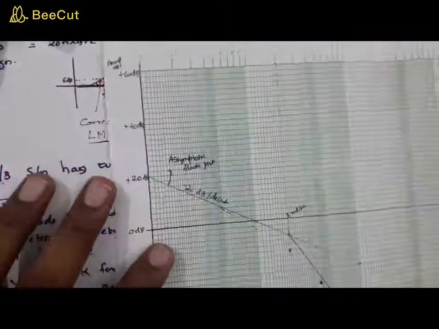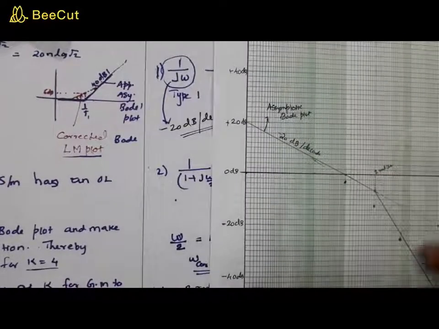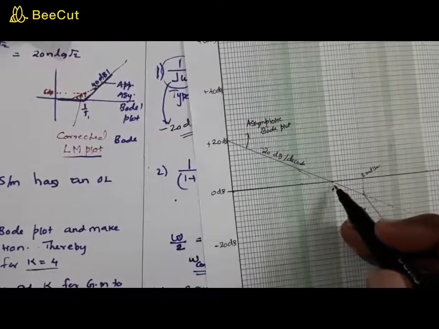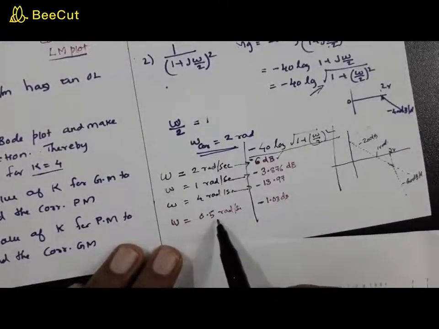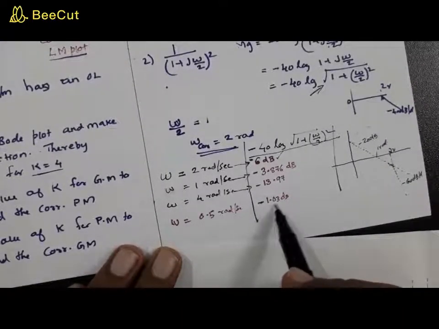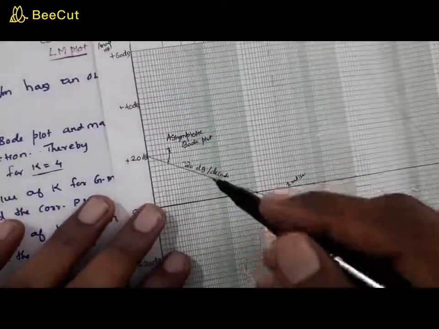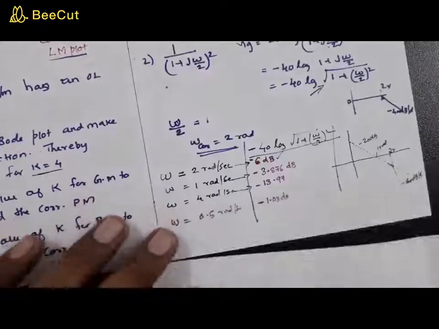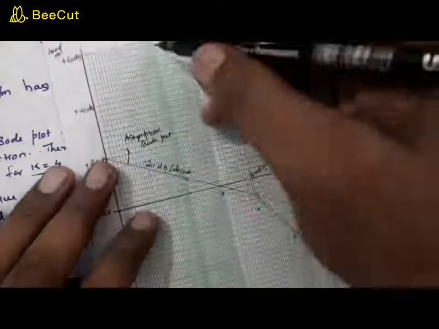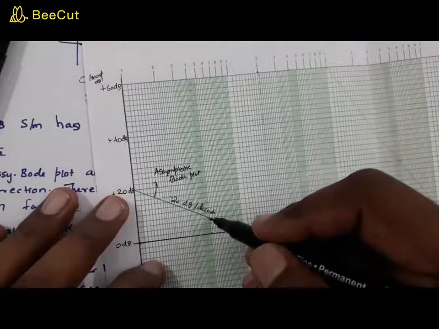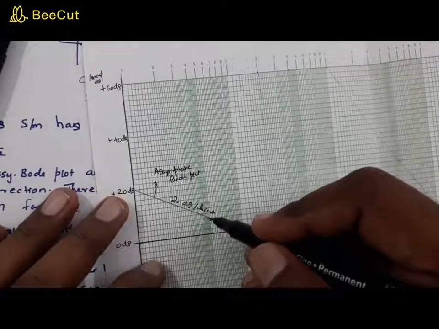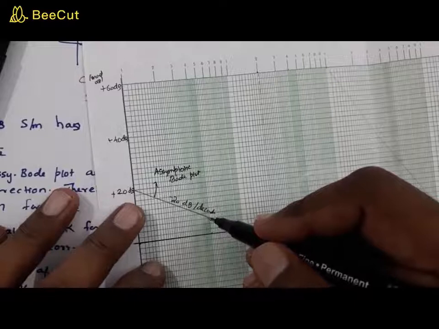Now at 1 radian per second, this can also be found. Now it seems to be a bit far from this, so I have also taken one more point, that is 0.5 radians per second. This was found to be minus 1.03. At 0.5 radians per second, this particular wave is already having a minus 20 dB per decade.